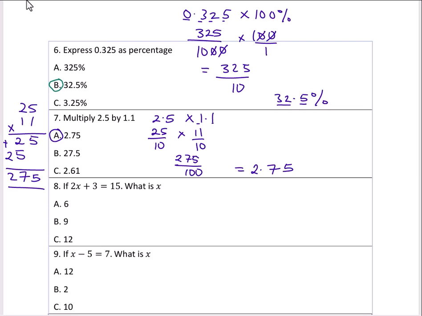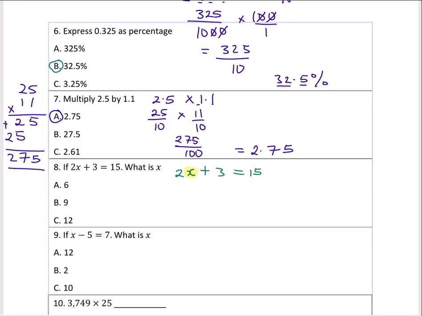Question number 8. If 2x plus 3 is equal to 15, what is the value of x? So 2x plus 3 is equal to 15. Now in this question, our focus is on x. We are to isolate x, and to do that we have to get rid of the 3 and then the 2. Because we have a positive 3, we bring in a negative 3.